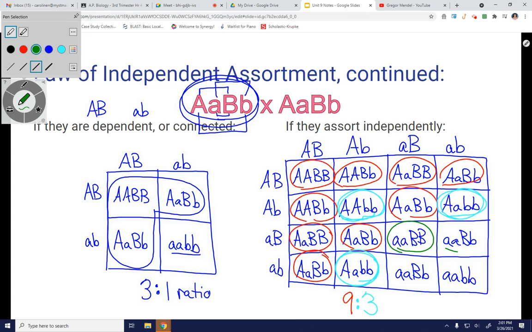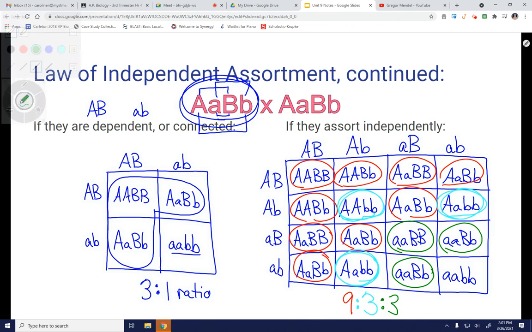They're recessive for A, but dominant for B. And the last one, you have 1 out of 16 that's going to be recessive for both traits. So a dihybrid cross where both of the parents are heterozygous for both traits will always give you this 9-to-3-to-3-to-1 ratio in the phenotypes of the offspring.